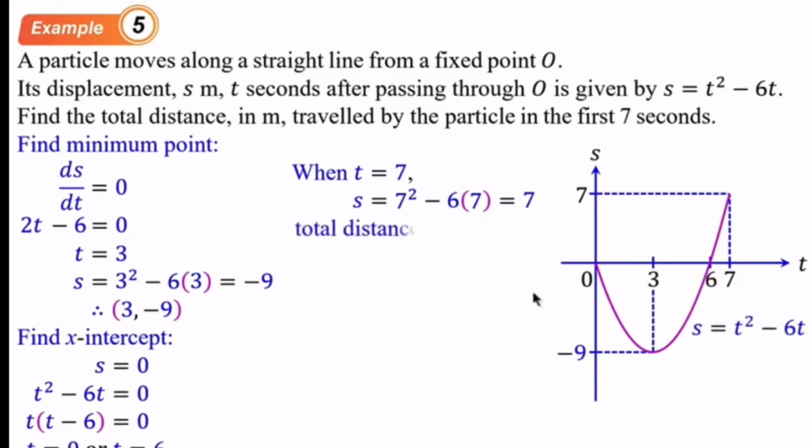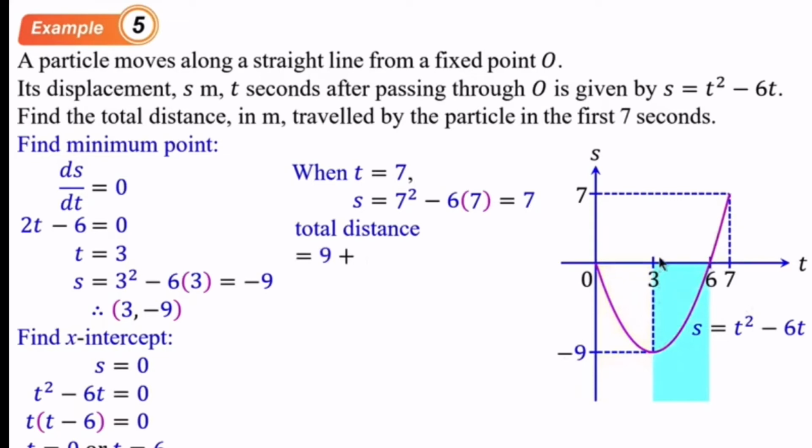Based on the graph, we will calculate the total distance traveled. The particle travels from 0 to negative 9, so we make it positive because it is distance. Then when it comes back to the origin, it will be 9 meters.